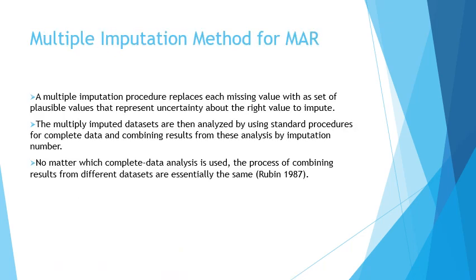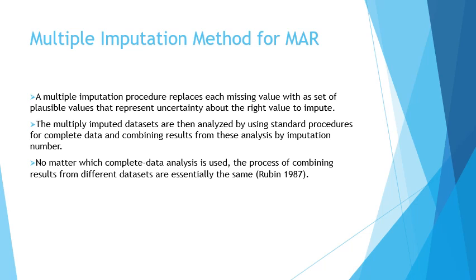Here I'm going to discuss multiple imputation methods for missing at random. A multiple imputation procedure replaces each missing value with a set of possible values that represents uncertainty about the right value to impute.